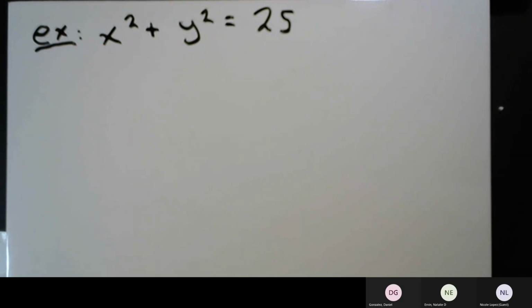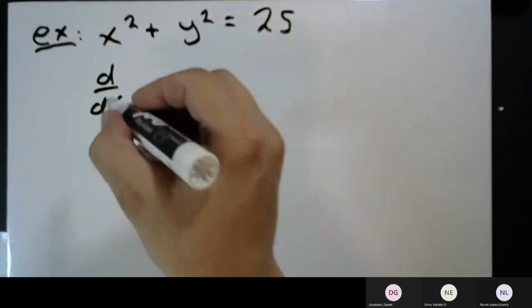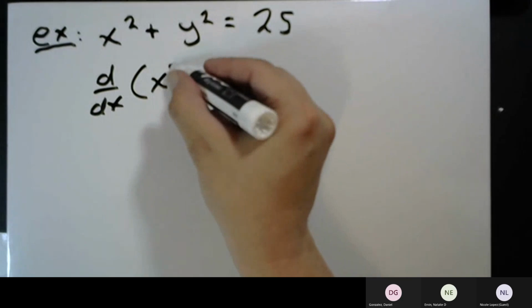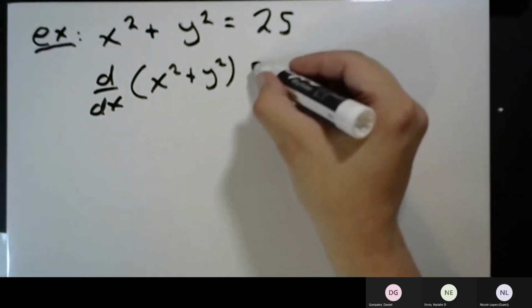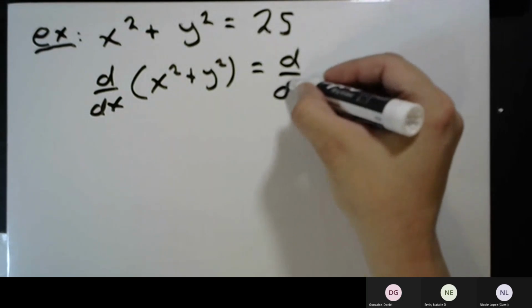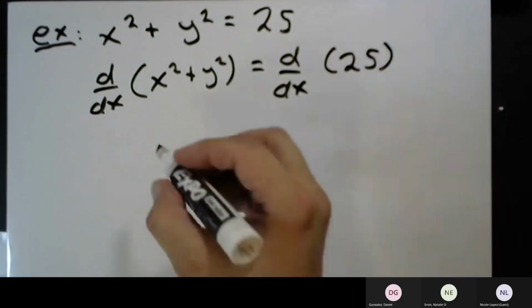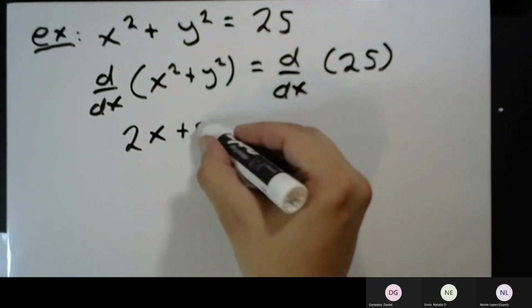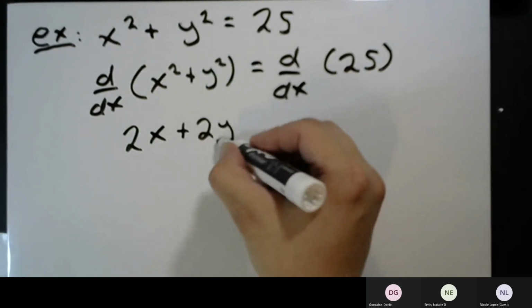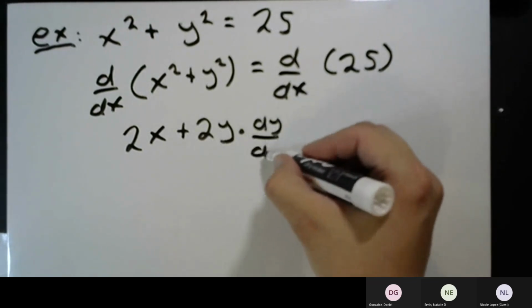So we want to find the slope of tangent lines that are on this circle. So again, we take the derivative of both sides. And we'll get 2x here. This will be, again, a function of x. So 2y times the inner dy dx.